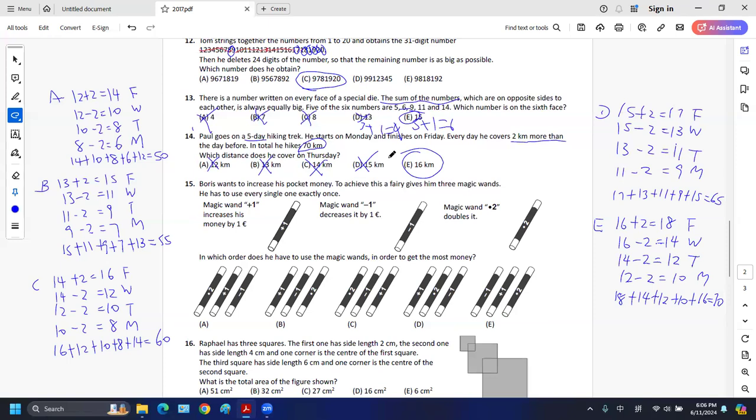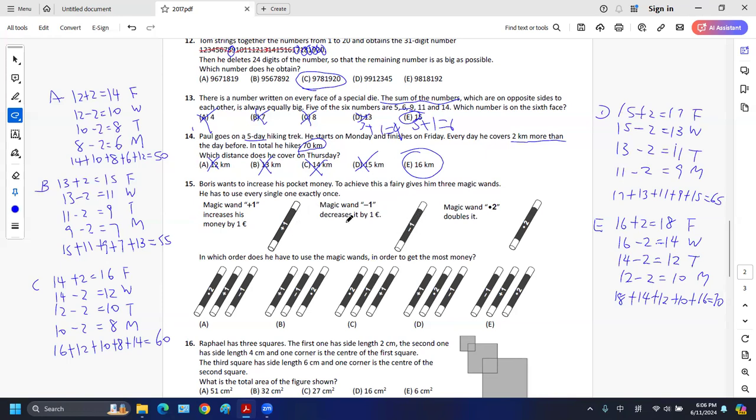Question number 15. Boris wants to increase his pocket money. To achieve this, a fairy gives him 3 magic wands. He has to use every single one exactly once. This magic wand increases his money by €1.